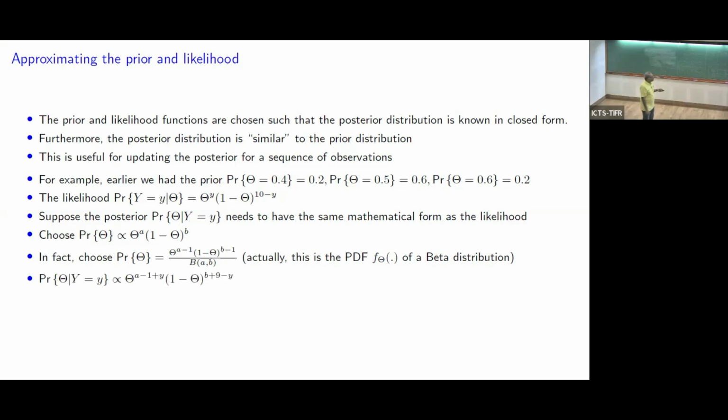You just have to count the number of heads that you get, add it here in the exponent, and you can compute this posterior probability. So it becomes very easy. There are several examples like this: Gaussian and Gaussian, this beta distribution and this particular distribution for the number of heads. These are all matched in some sense. So this is one way to do it.